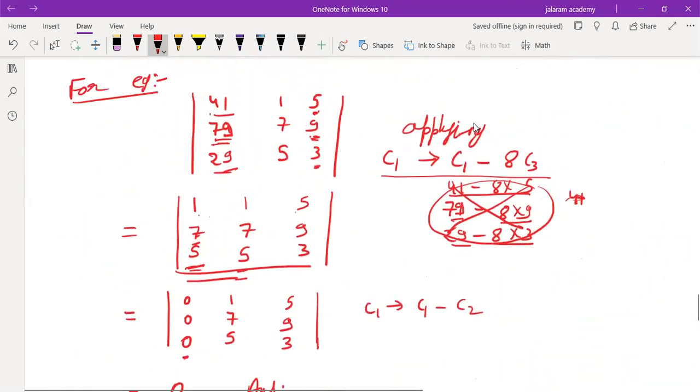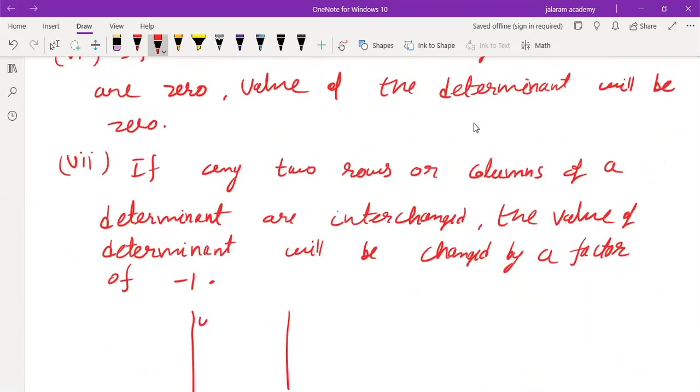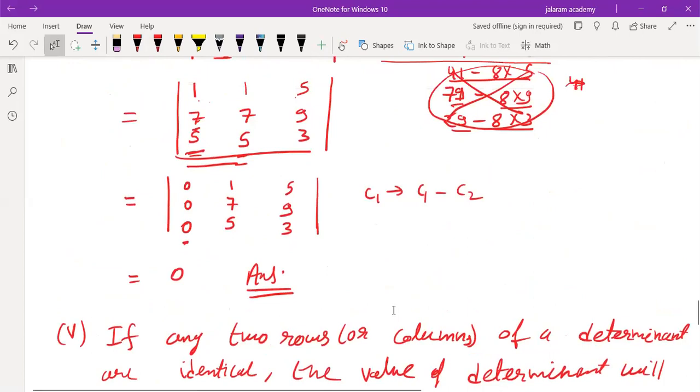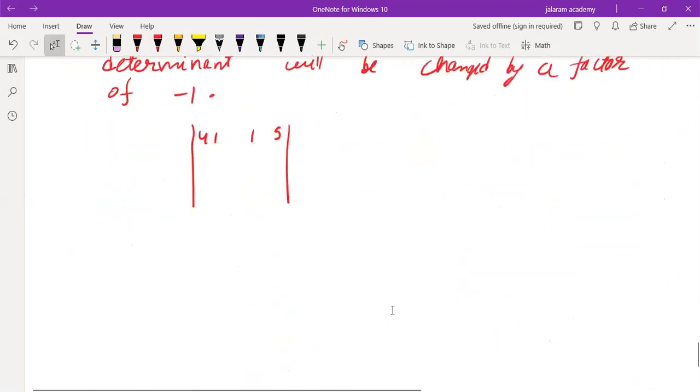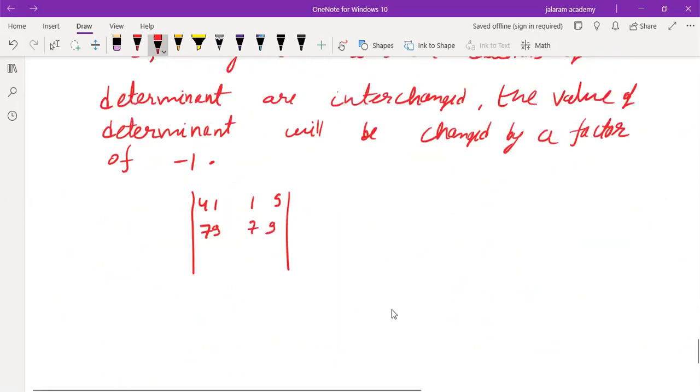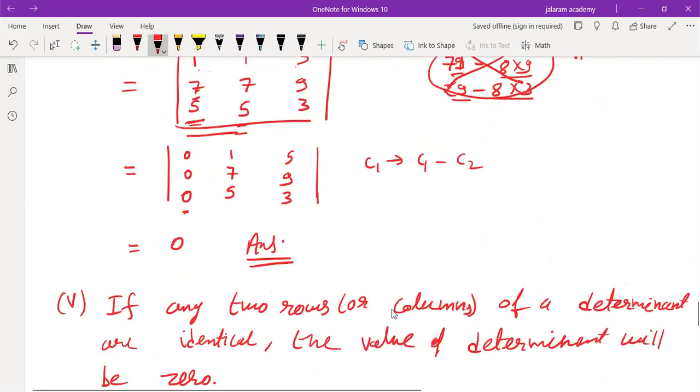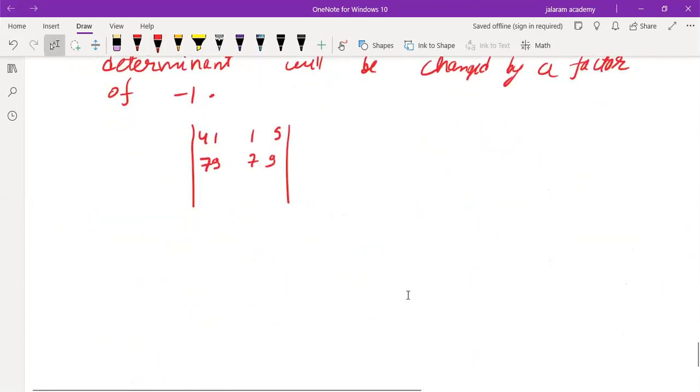In the previous determinant, if we take it again as an example, 4, 1, 1, 5, then 7, 9, 7, 9, again 2, 9, 5, 3.